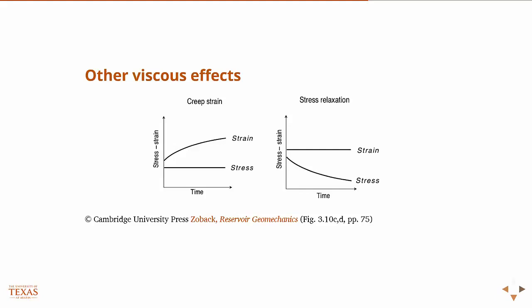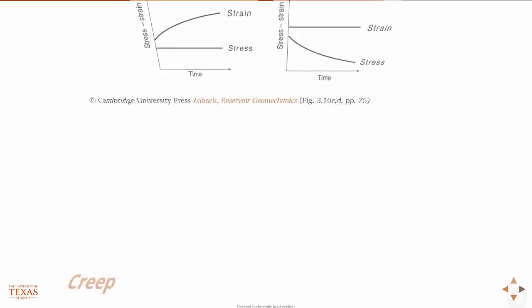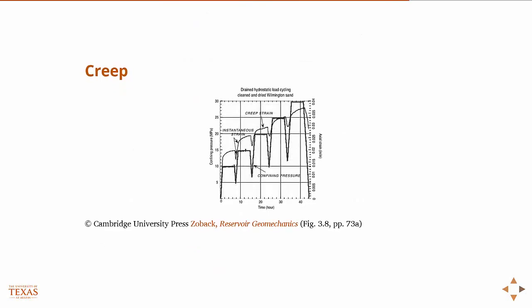If it continues to strain, that's called creep. A lot of materials exhibit this. Stress relaxation is the other effect: I strain a material and hold it at a constant strain, and the stress will relax.